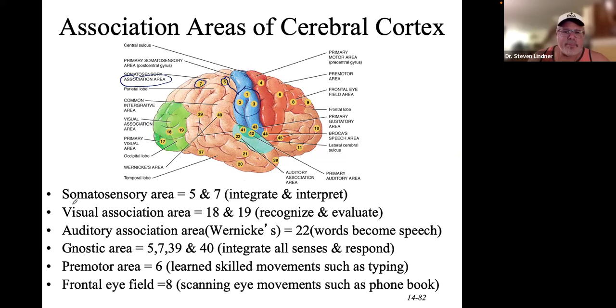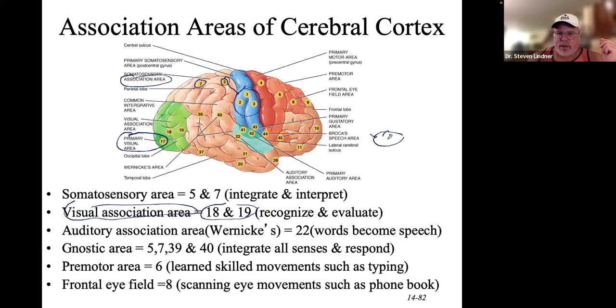So, for example, the visual association area. Well, we know the primary area is number 17. That's primary. But the association area is 18 and 19, meaning when your eyes see an individual, the receptors of the eye can see the person. The eyeball, if you would, right?